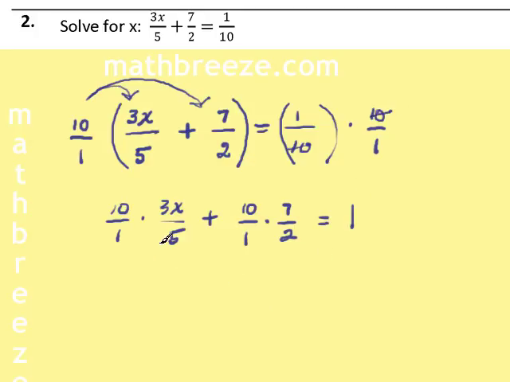Okay, let's now divide 5 into 10, or divide top and bottom by 5. And here divide top and bottom by 2. So 2 into 2 is 1, 2 into 10 is 5. And now we'll rewrite. This first term is 2 times 3x, so I'll replace that with 6x. And the second term, 5 times 7, that's 35.